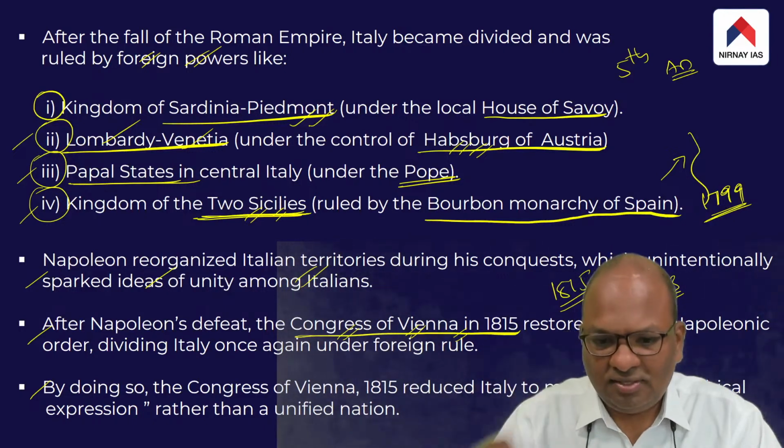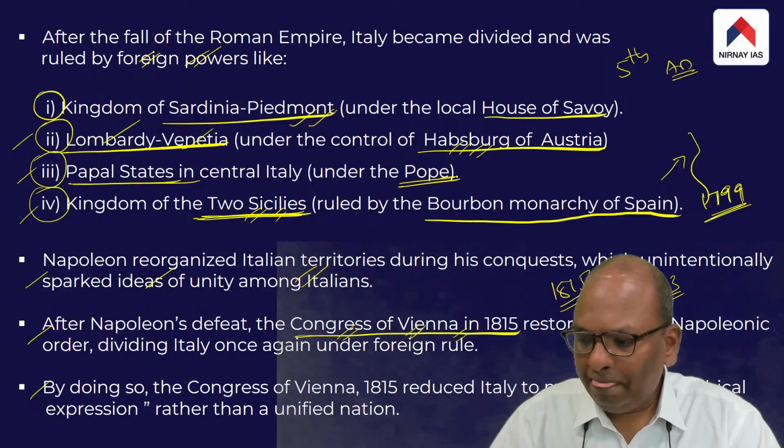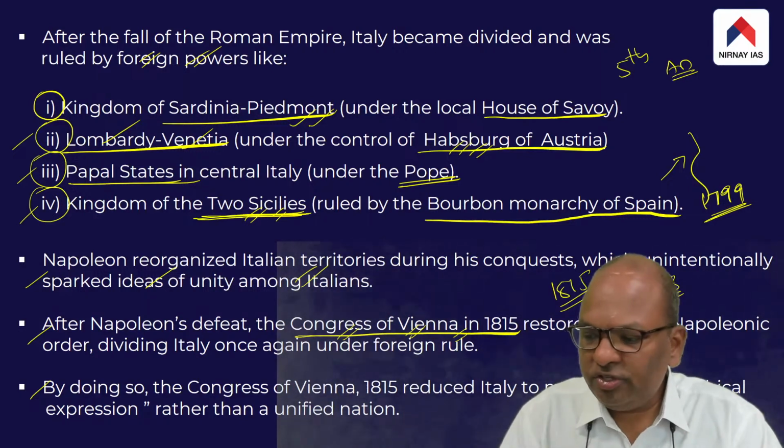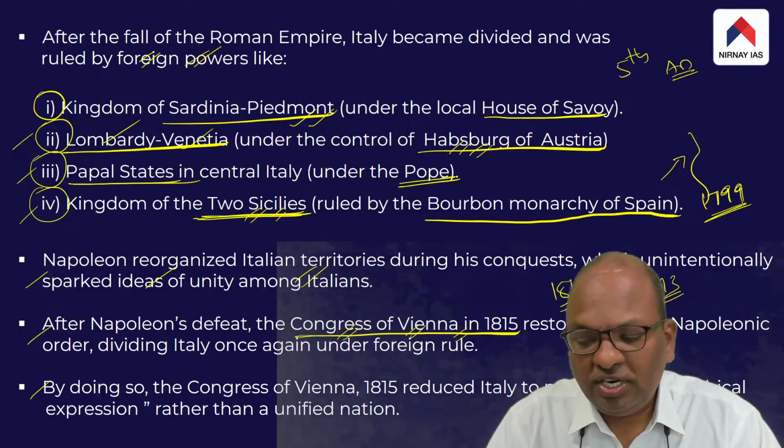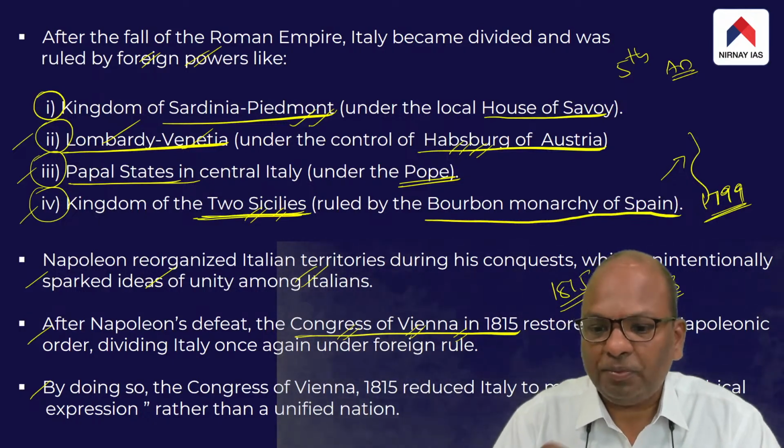It is in this Congress of Vienna 1815 that a decision was taken to restore the pre-revolutionary conditions existing in Europe.